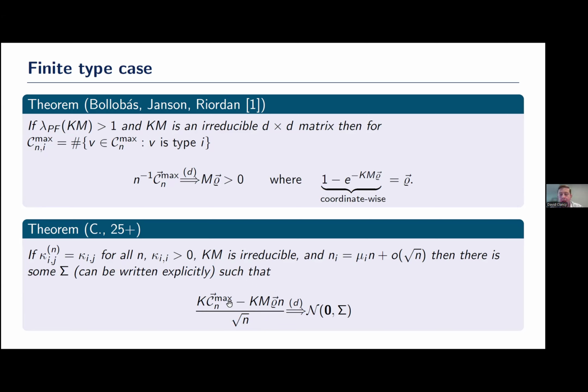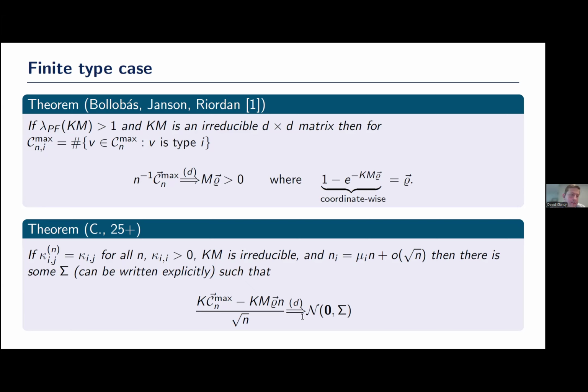Right. But anyway, what we can say is that the matrix K times the type vector for the giant, minus whatever the limit should be, divided by square root of n, converges to a normal random variable with mean 0 and some explicitly computable covariance matrix, sigma.